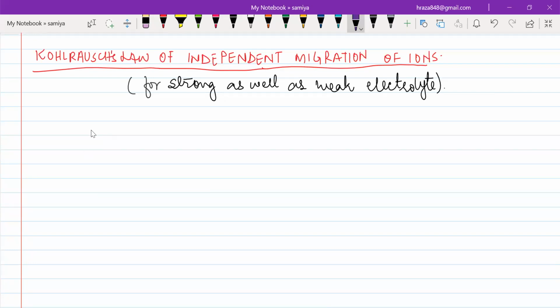So what does this law say? Write with me.